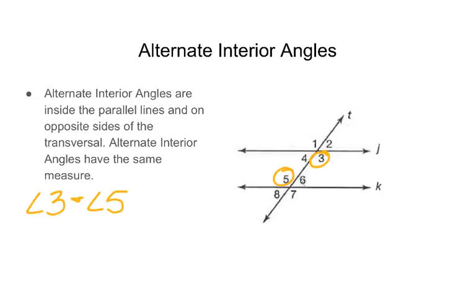So pause the video, see if you can find the other set of alternate interior angles, and then come back and see how you do. Let's see if you got it. Angle 4 and angle 6. Those are alternate interior angles on the inside of the parallel lines and opposite sides of the transversal.